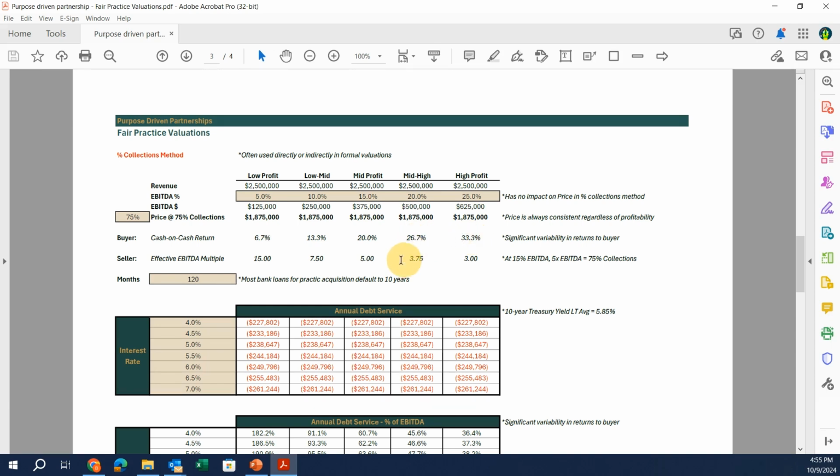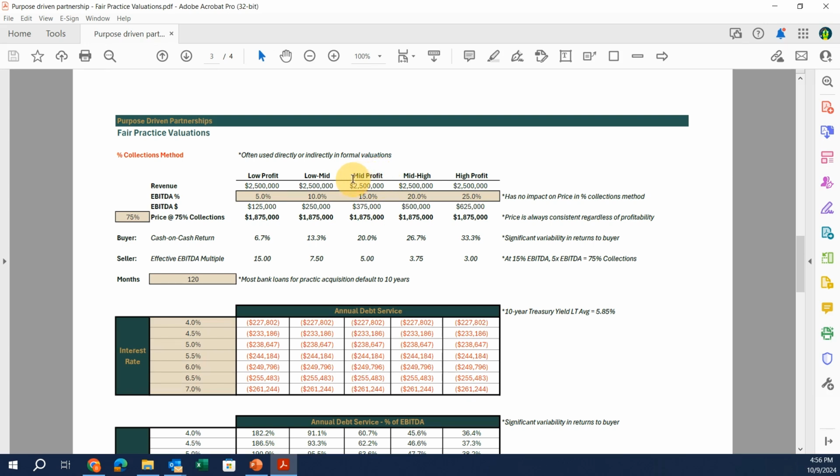Things get a little bit more palatable as you get closer to the midpoint. And then notice when EBITDA is equal to 15%, that we get a 5 times multiple when we use 75% of collections, because the inverse of 75%, when you divide that by 5, you get 15%.